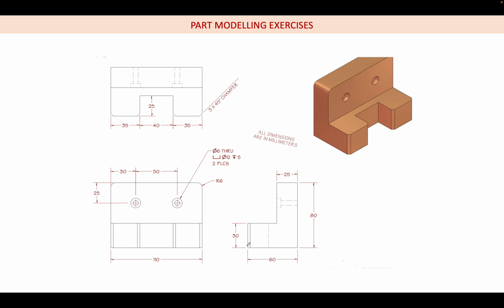So this is the front view, and this is the left side view. Right side view, I think they are looking from here. Okay, so if I look at the front view, the base is 110 mm, and this thing is 60 mm. So 110 by 60, I am going to draw a rectangle.